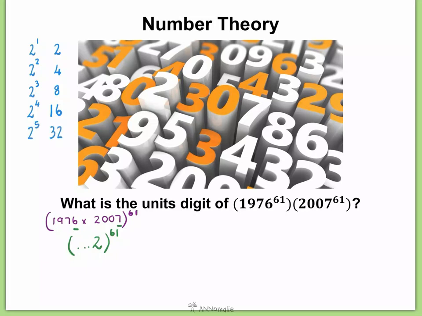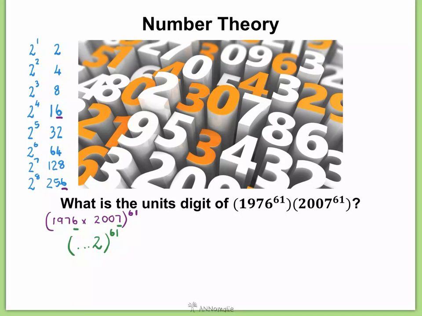The units digits are exactly the same. 2 to the power of 6 is 64, 2 to the power of 7, 128, and 2 to the power of 8, 256. So note that the pattern repeats in a cycle of 4.